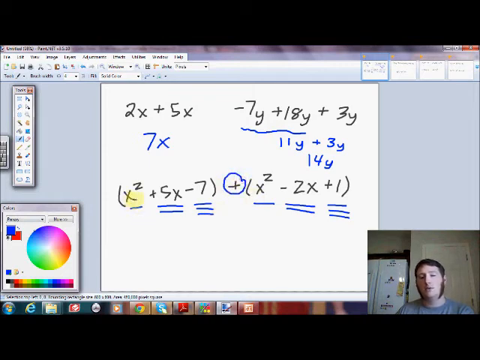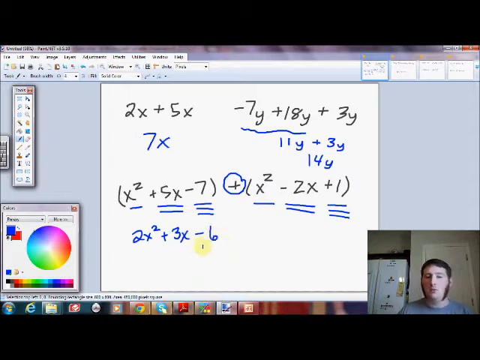An x squared and an x squared would make 2x squared. 5x plus negative 2x: if you have 5 of something and take 2 away, there'd be 3 left. So 2x squared plus 3x. And then negative 7 plus 1 would be negative 6.